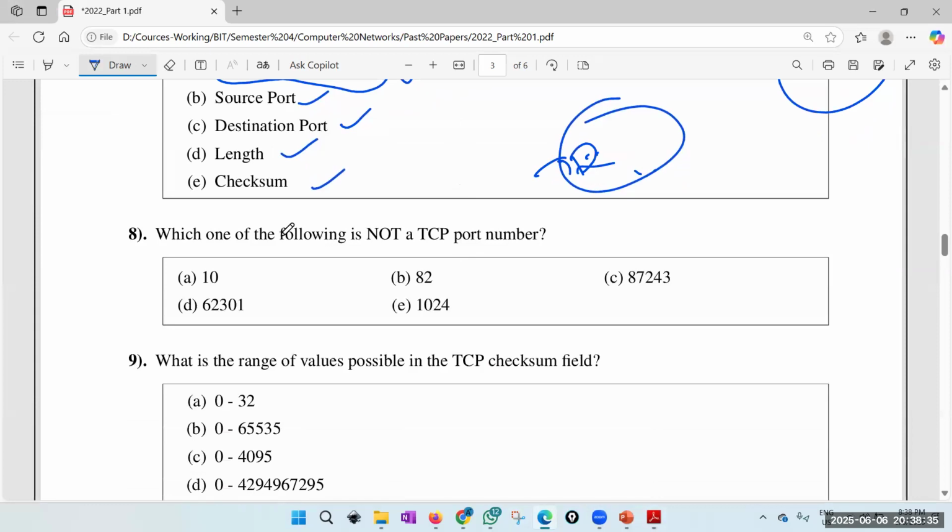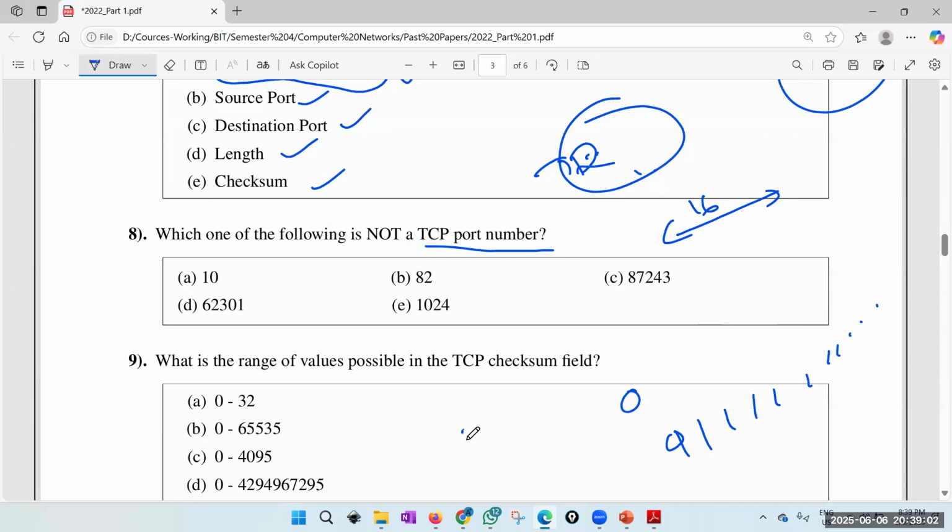8. Which one of the following is not a TCP port number? Remember port numbers. I think the port number is 16 bits. That means 0 is the smallest, and 16 ones is the biggest.